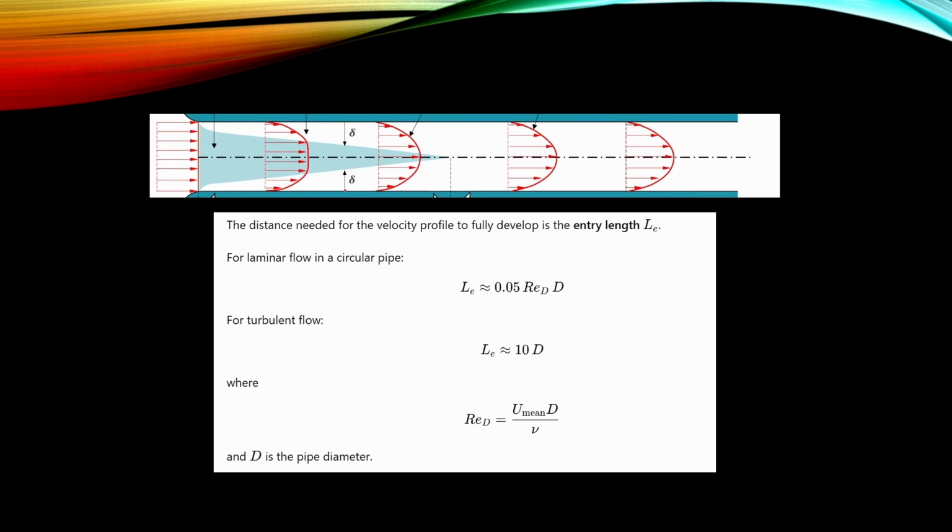After some length, which we call the entry length, the boundary layer thickness is the same as the radius of the pipe, so the boundary layer meets in the middle of the pipe. Here we have a function from which we can calculate this entry length for the laminar case. It's a function of the Reynolds number. When we are calculating pipe flows, we use in the Reynolds number the average velocity and pipe diameter.